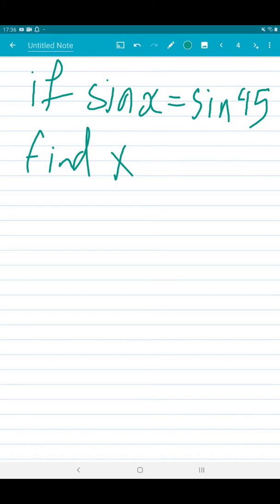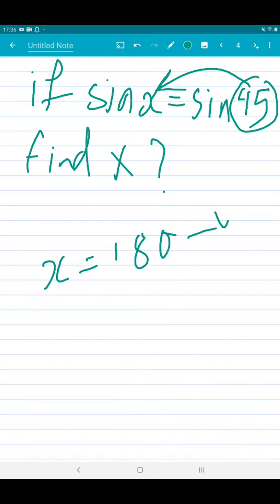We learned before that sin 45 equals sin 180 minus 45. So x equals 180 minus 45, which is equal to 135. Very good.